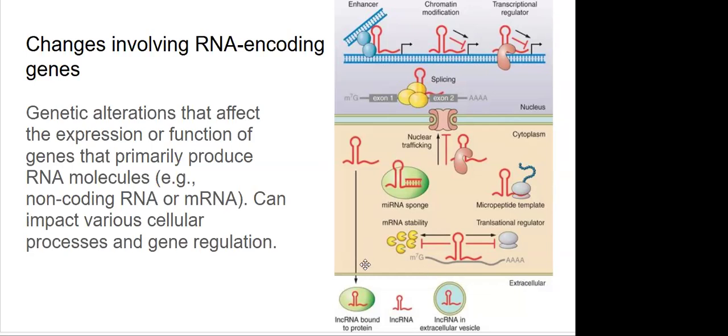A couple of the things, this was the best image I could find. It's just showing you that these little red bits are different types of RNA, and how they can affect things binding to the DNA that lead to transcription, or stop the transcription, or bind in and affect the splicing at different sites.